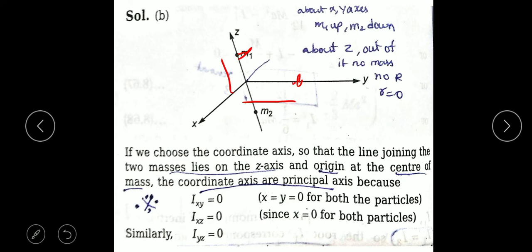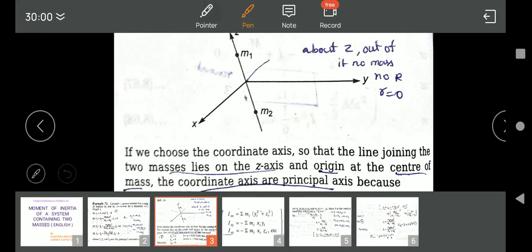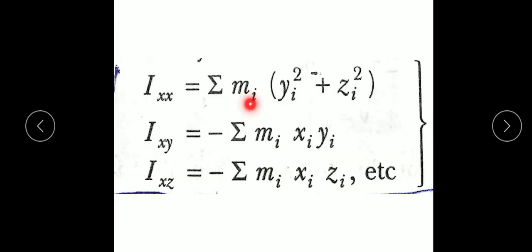Hence Ixx is summation mi into (yi square plus zi square), but not xi square, because that point would lie exactly on the x-axis only. So these are at a particular distance from the x-axis, hence we have y and z components. This is the formula for Ixx.